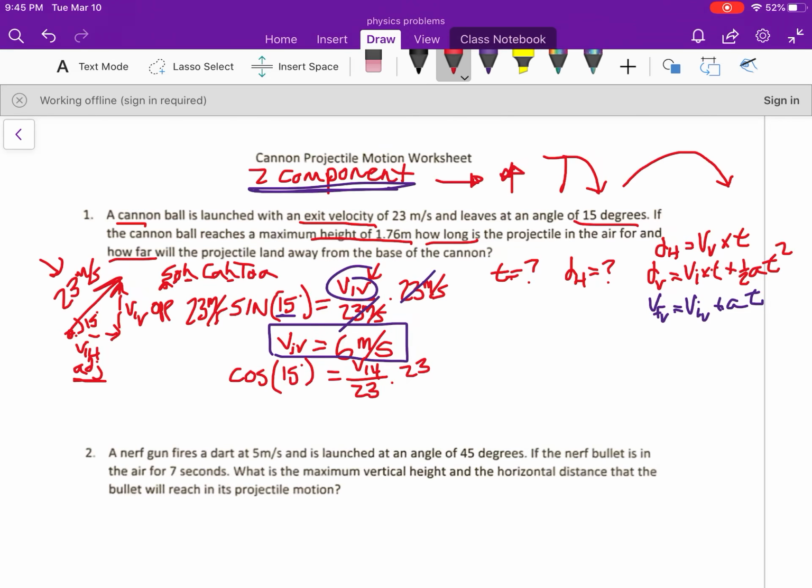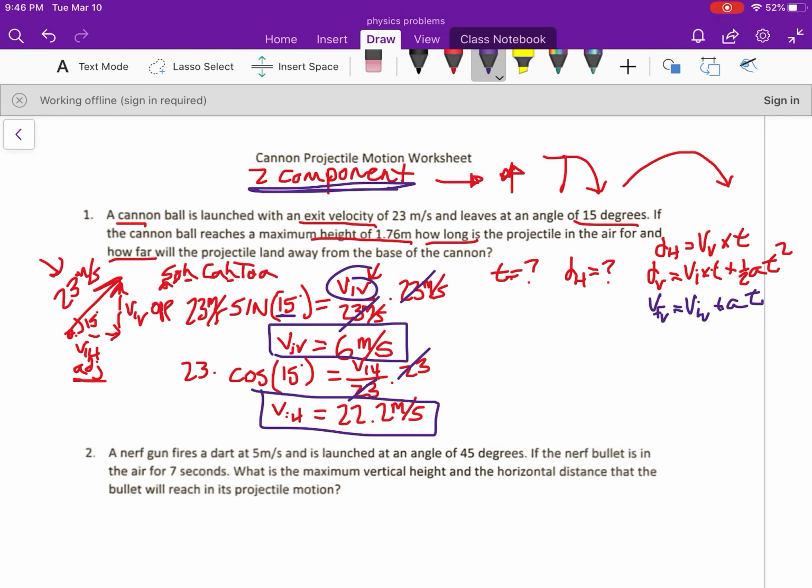So I can multiply both sides by 23. When I do that, 23 times cosine of 15 degrees equals 22.2. So my initial horizontal equals 22.2 meters per second. And there we go.